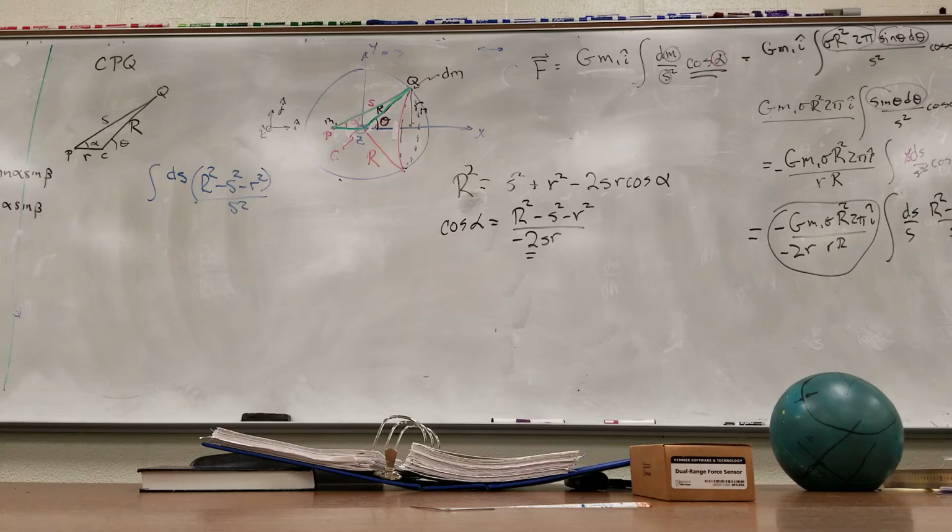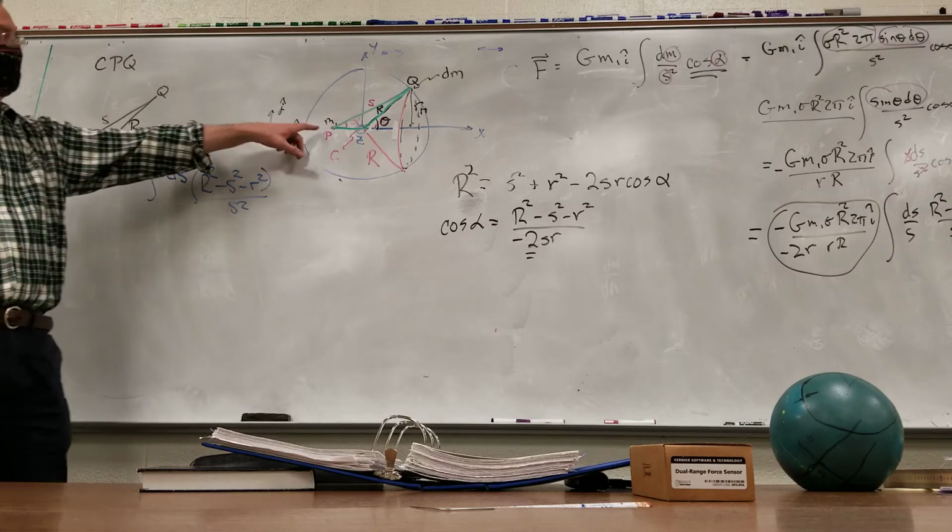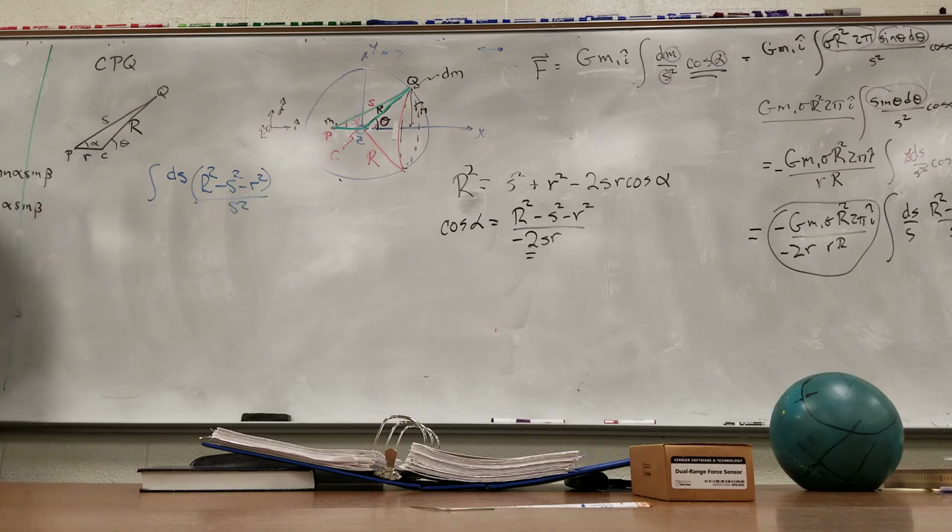Because remember, s is the distance from our point P to a point on our sphere. Zero is the smallest. No, that would only be the case if the point P were on the surface itself. What's the closest that point P is to the surface?